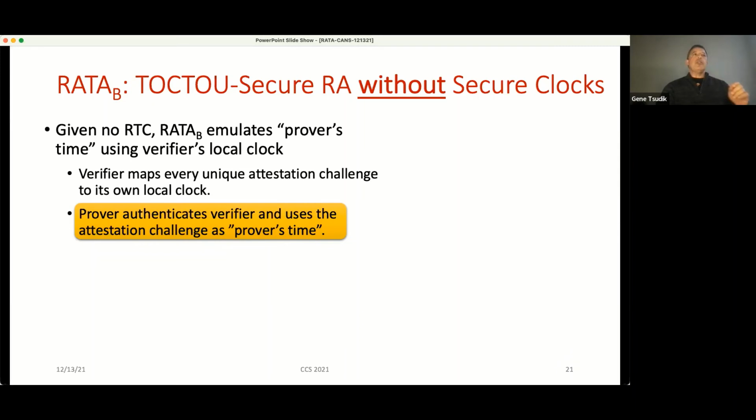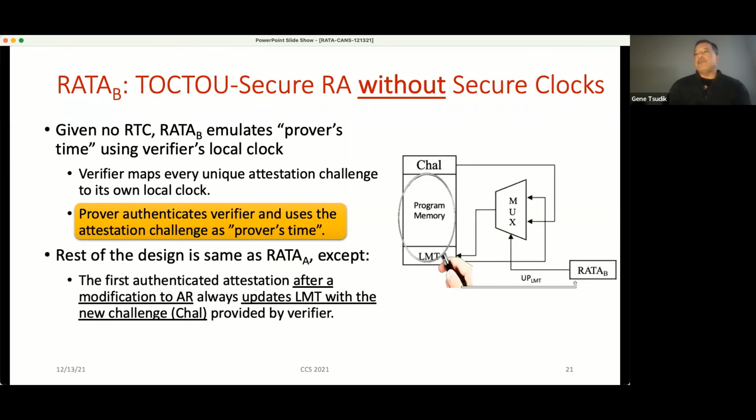Okay, so it's very important that the prover must authenticate the challenge, and it uses that challenge after it's authenticated as the prover's own time. So it says, I trust the verifier, and now I'm going to use its time as my own time.